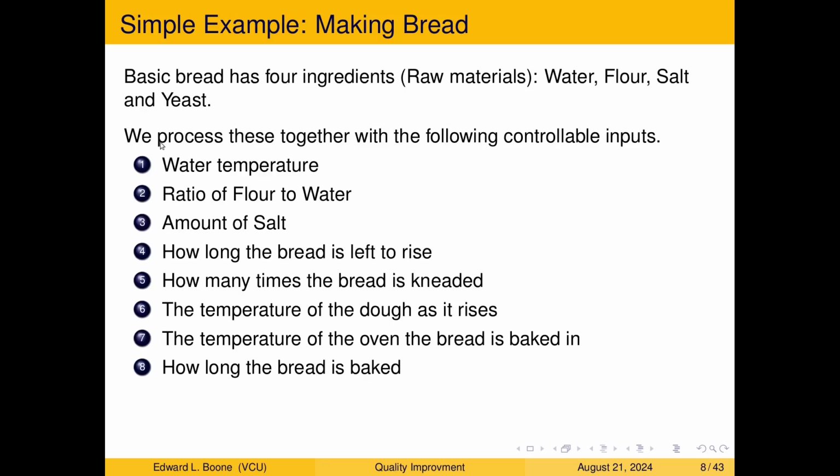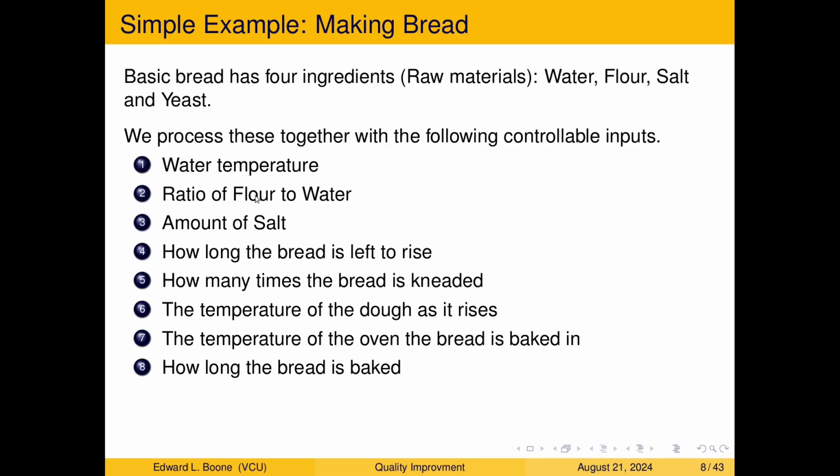So the process together, we have the following controllable inputs. That means we can actually control these. For example, the temperature of the water. If the water's too warm, it can kill the yeast. If the water's too cold, the yeast doesn't activate as quickly. So that's one of the inputs. Ratio of flour to water.